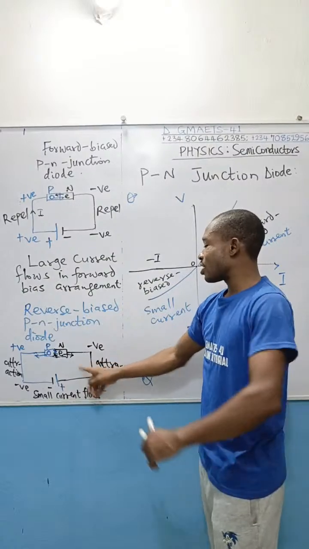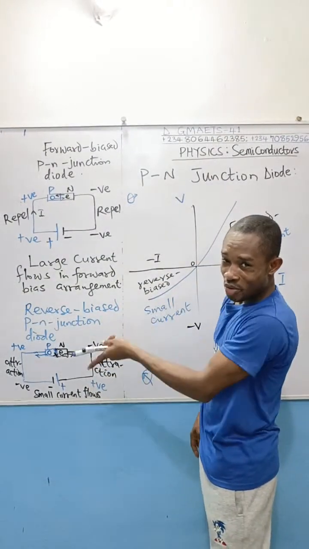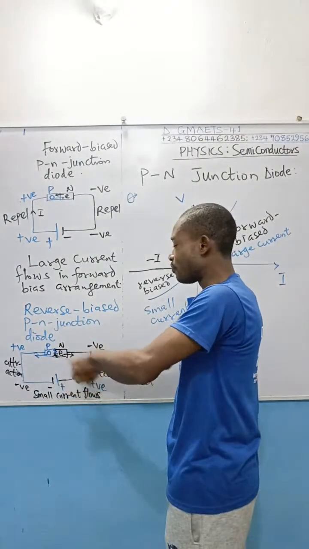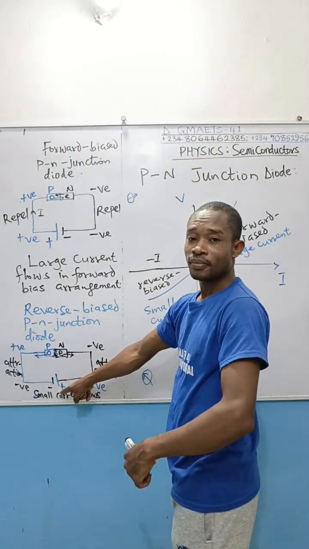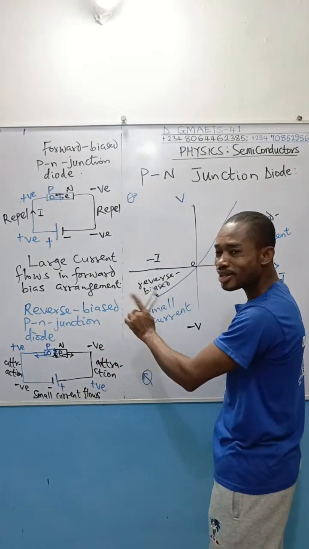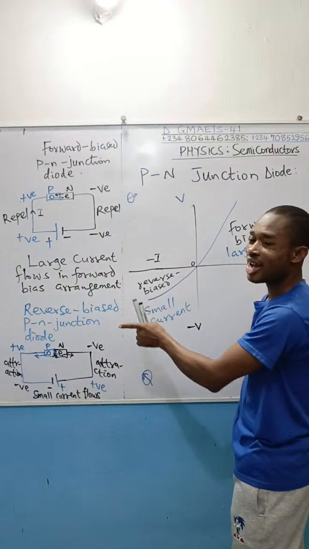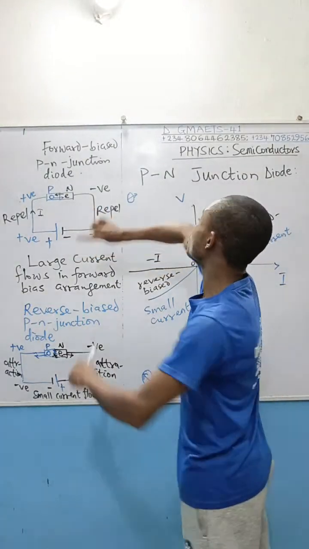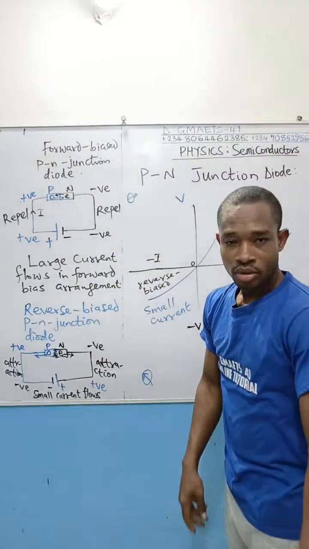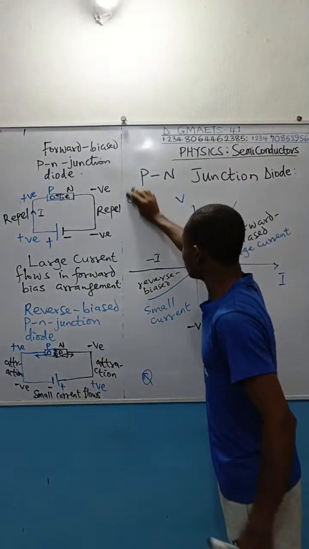But in the reverse case, the current will be going the other way, right? It will be going anti-clockwise because you reversed the connection here. Is that okay? And then the deflection of the milliammeter will just be something small in the anti-clockwise direction. Why in this case it will move clockwise with large deflection. Is that okay? So this is the graph, please. Take note of that.